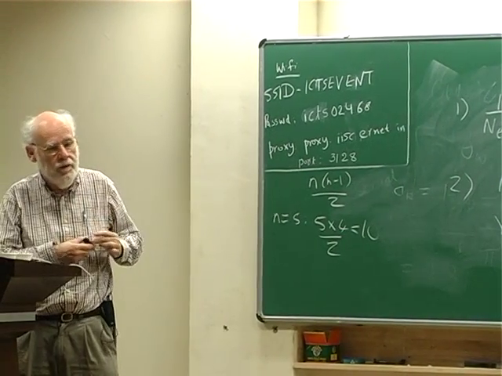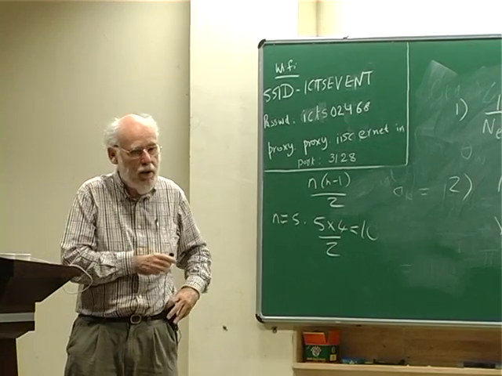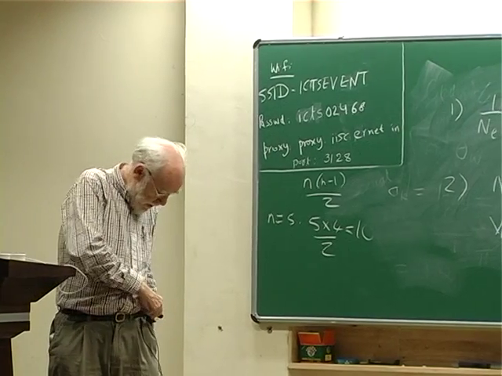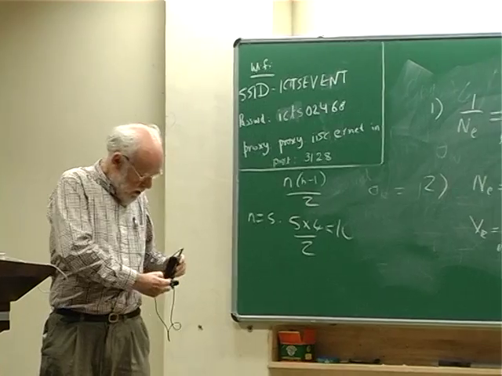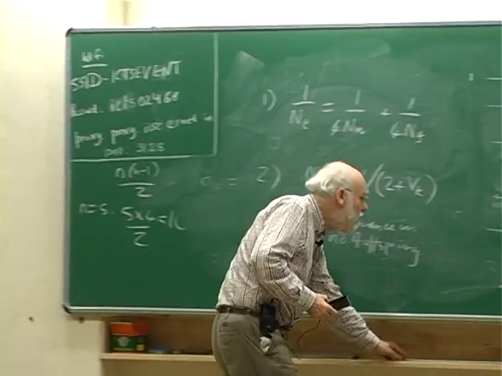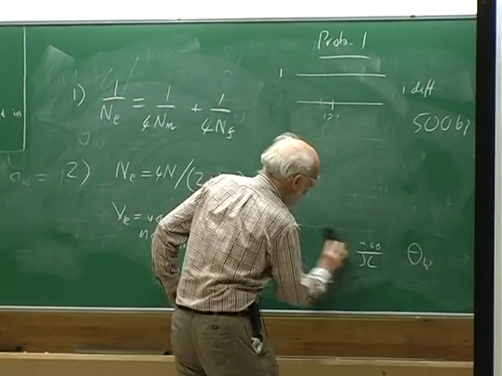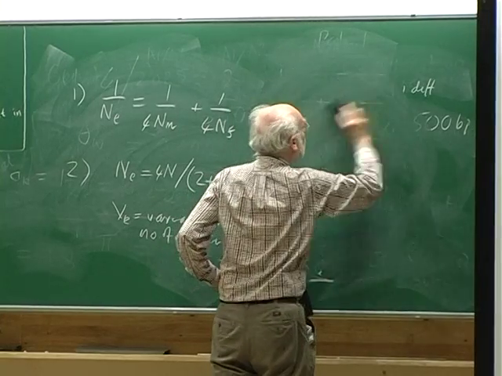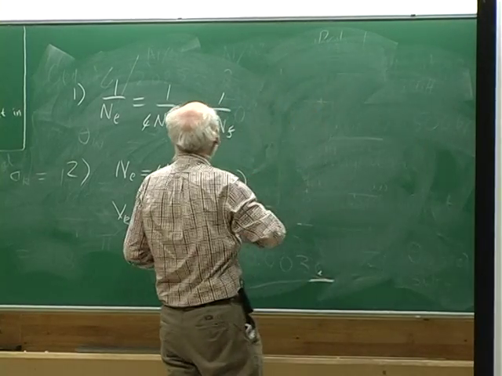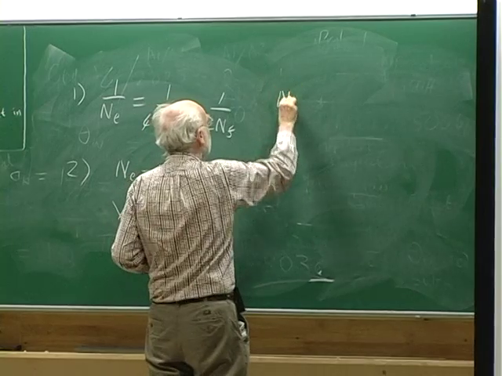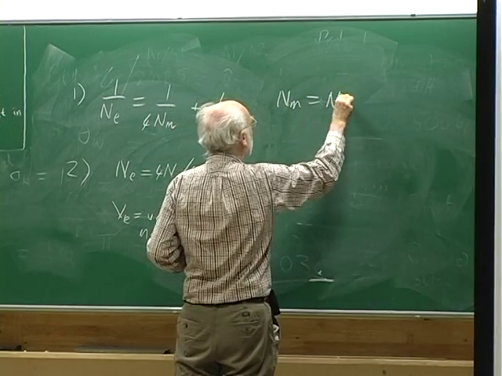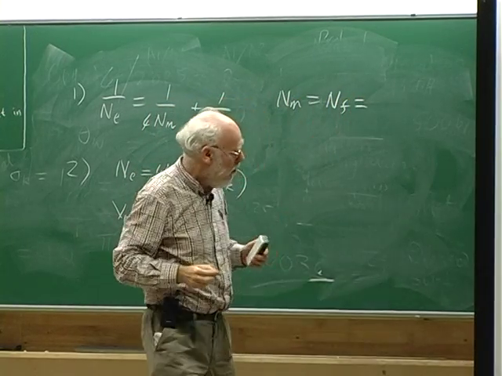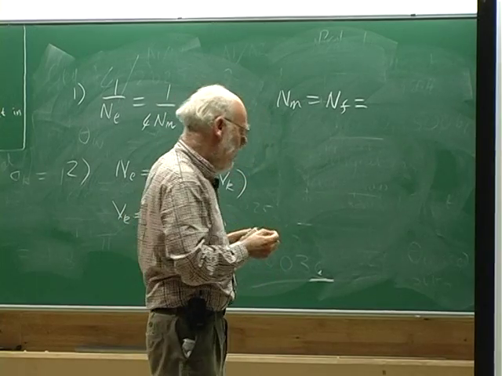So get out your thinking caps, some piece of paper. So NM equals NF equals, what was it? 50.